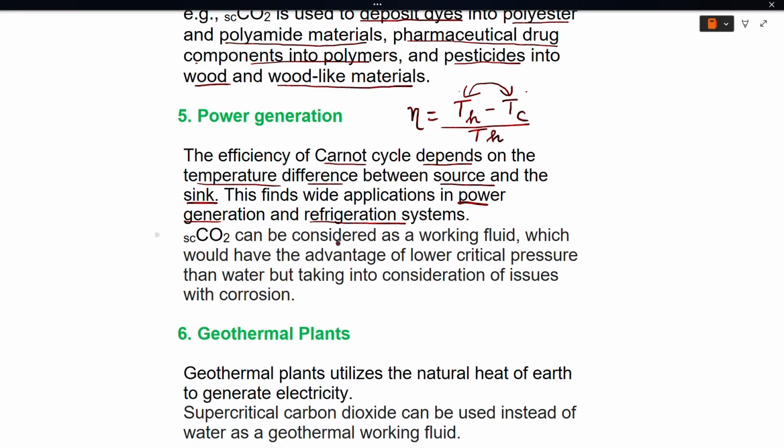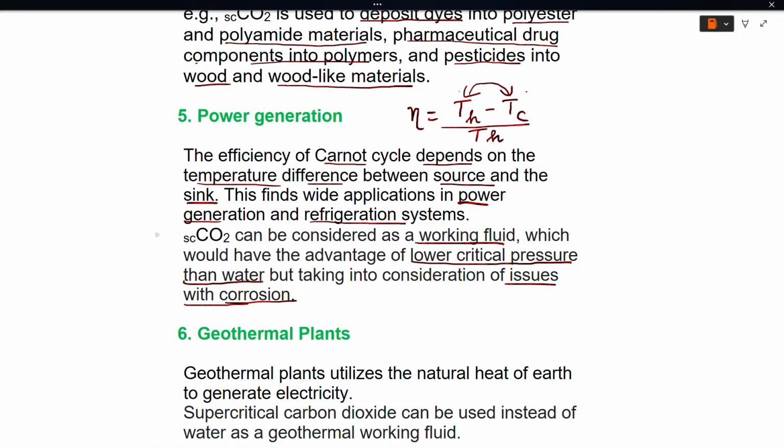Supercritical carbon dioxide can be considered as a working fluid which would have the advantage of lower critical pressure than water, taking into consideration the issues with corrosion. That is one point to be noted, because unlike water, carbon dioxide can have a slight acidic nature and therefore, it can cause corrosion.